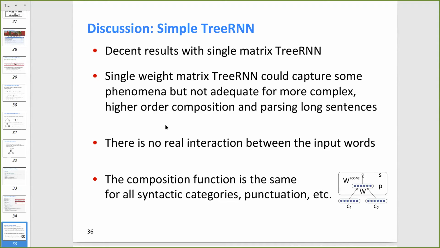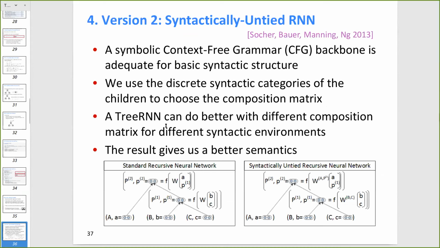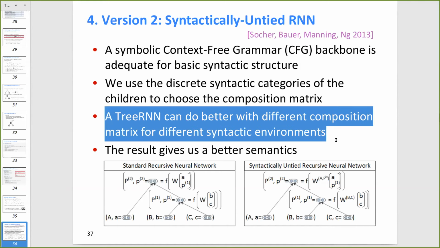That can be changed by trying different composition functions for different words, depending on the kind of syntactic component they belong to. We'll see what that means. So a tree RNN can do better with a different composition matrix for different syntactic environments.